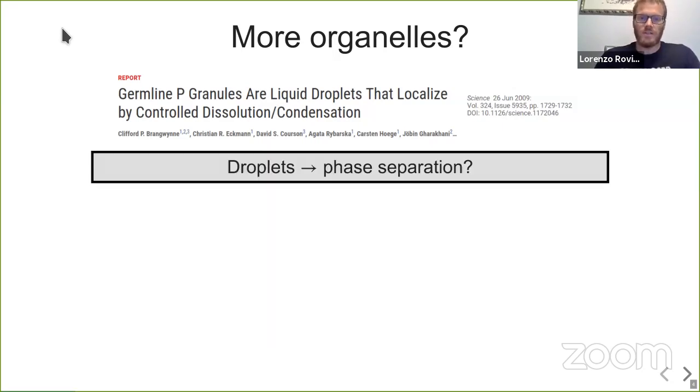Okay, so here the keyword is droplet. We have been hearing about droplets for other reasons in these last months, but still, droplets are in some communities associated to phase separation.